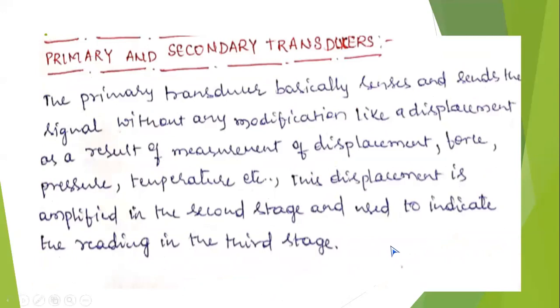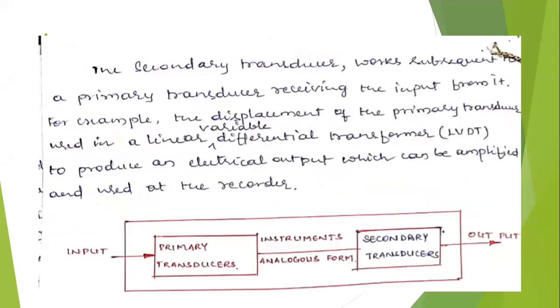Next, write down: Explain briefly with a block diagram primary and secondary transducers.